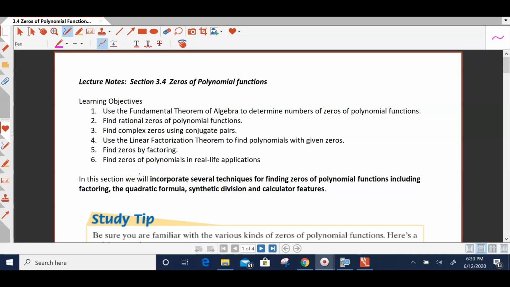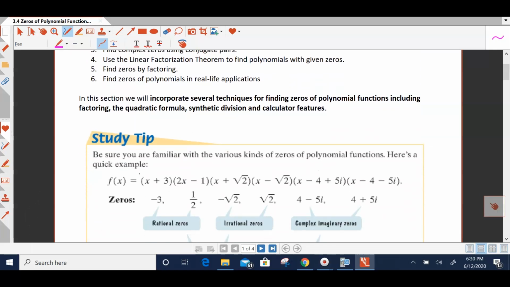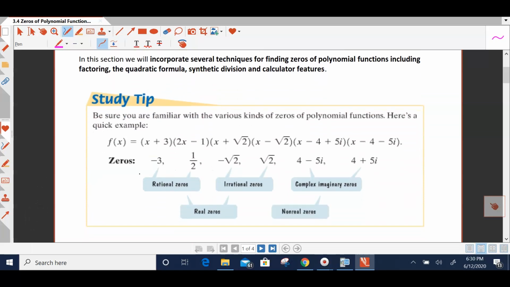Okay, so we're going to incorporate again several techniques that we have learned here in chapter 3 to continue and finalize our work. So right here I've got a listing. We will do some factoring. We may use the quadratic formula. We'll do some synthetic division, and we'll also use some features on our calculator.